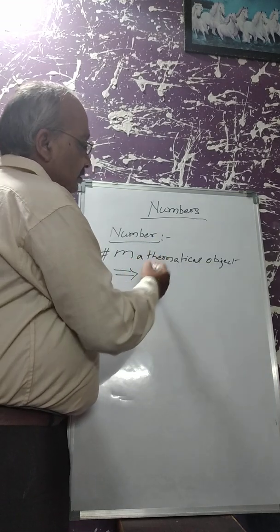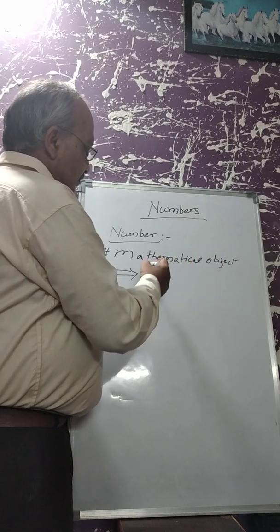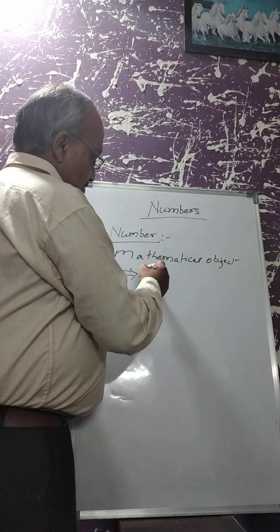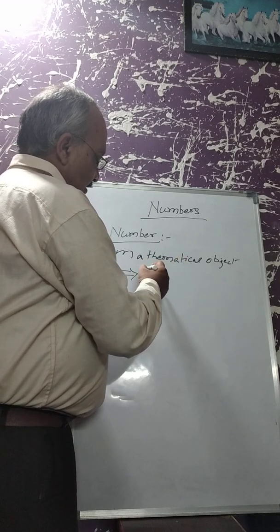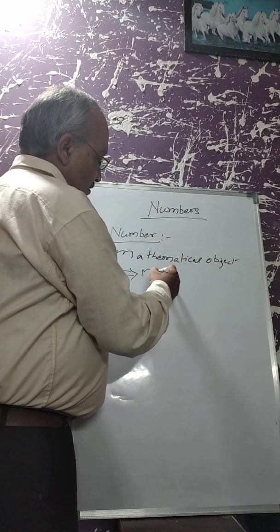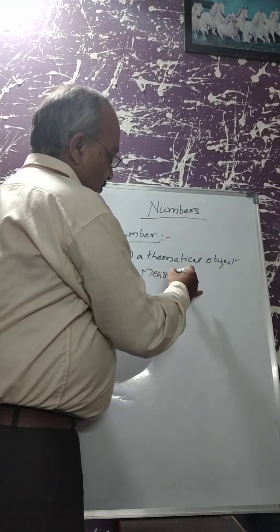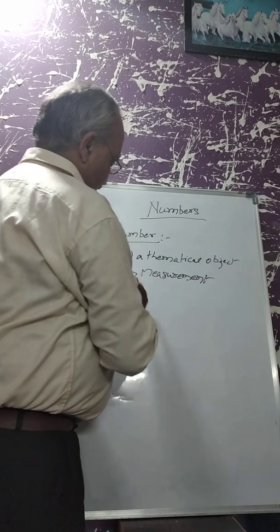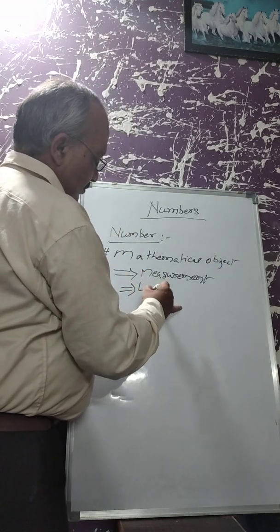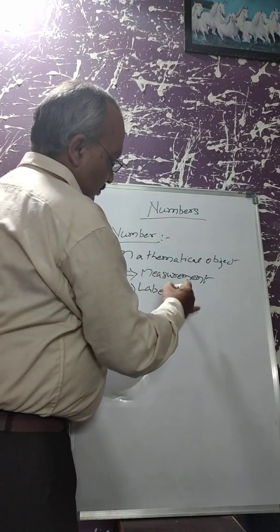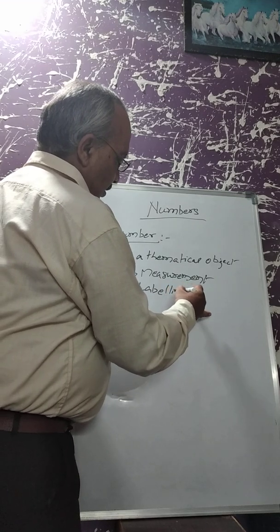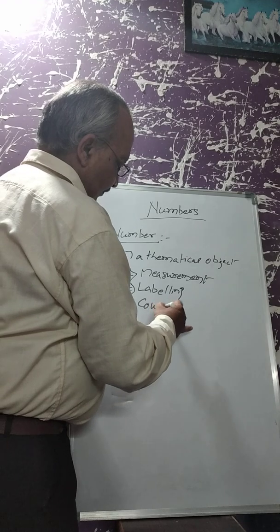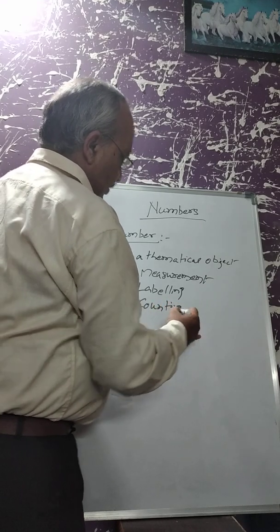So, these are the mathematical objects which are used for measurement, which are used for labeling, which are used for counting.